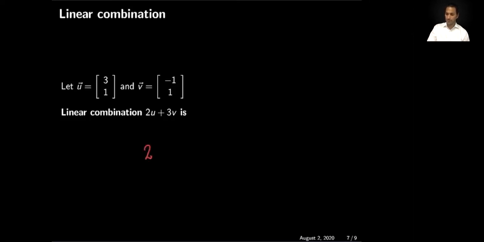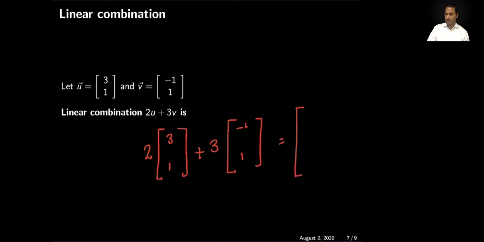This is 2 times vector u, which is 3 comma 1, and it is added to 3 times vector v, which is negative 1 comma 1. So this will be simply a vector where 2 times 3 is 6, and this is added to negative 3, and 2 times 1 is 2, added to 3 times 1 is 3.